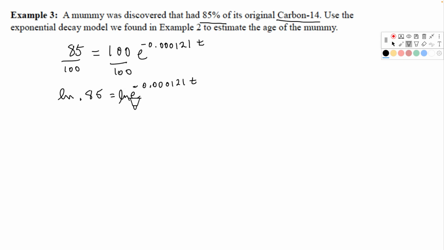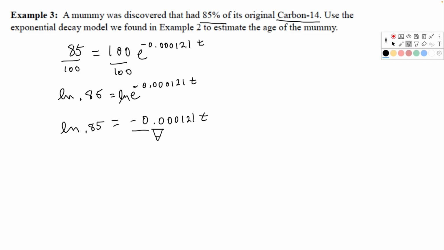In fact, I've seen students that do so many of these, they look at the problem and go, it's natural log of this divided by natural log of that. So natural log of 0.85 over here, this exponent comes down in front. Natural log of e is 1, so that goes away.